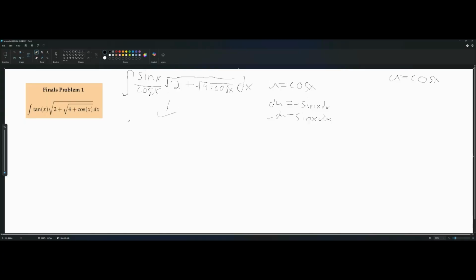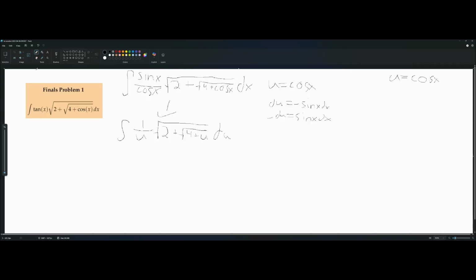This should now transform into the integral of 1 over u, right? The integral of 1 over u times the square root of 2 plus the square root of 4 plus u. Perfect. Oh, du. Can't forget our du.